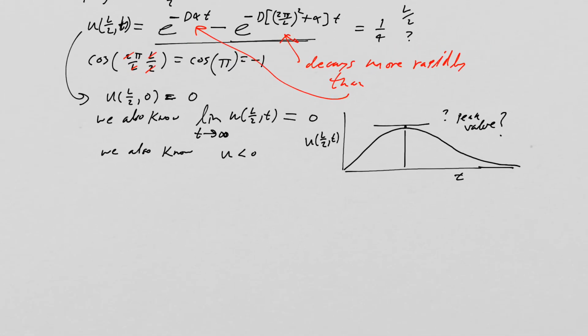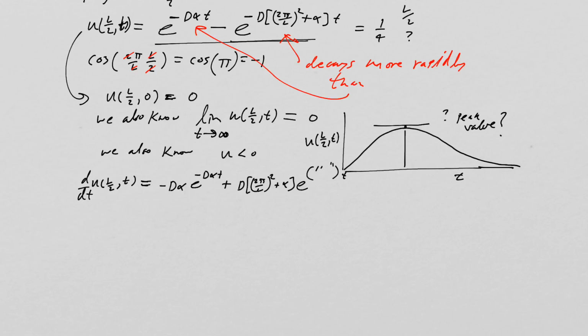The best way to do that is to use calculus. So we'll take the derivative now with respect to time. And we should be able to get negative d alpha times e to the negative d alpha t plus d times 2 pi over L quantity squared plus alpha times e to the negative all that over again times t.